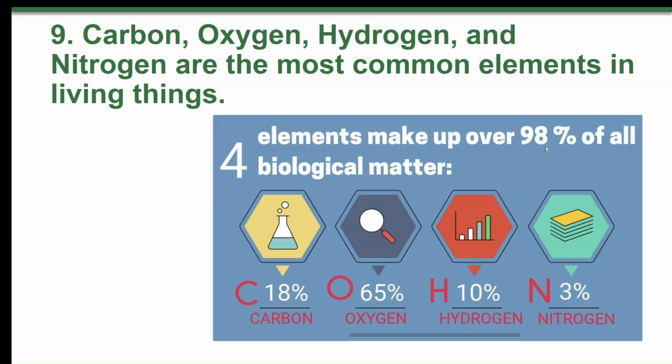If you were to take a human, for instance, or any organism for that matter, and split the organism up into its different elements, you would see these percentages: 18% of it is carbon, oxygen is 65%, hydrogen is 10%, and nitrogen is 3%. So you can see the abundances of all these different elements, and all four of these make up over 98%.